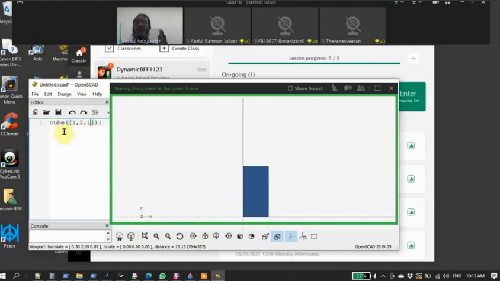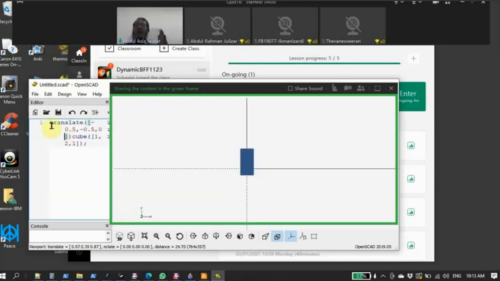Let me place it at the centers. Minus 0.5, minus 0.5, 0. So that's the shape of the bike.